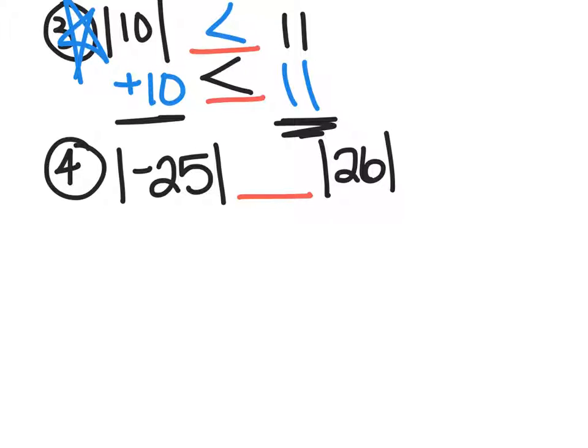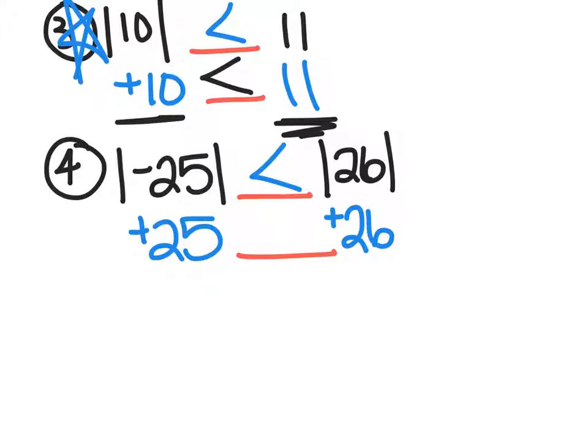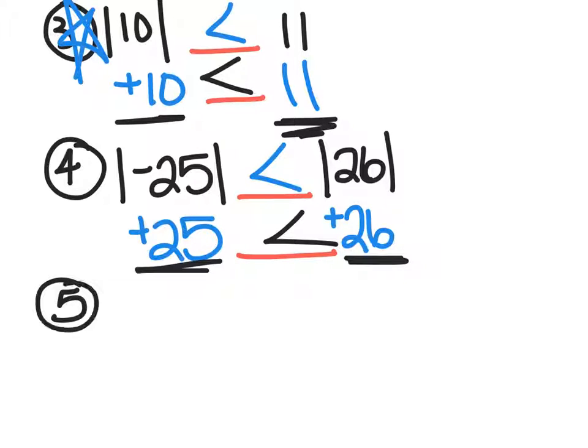Okay, so hopefully you said that you would rather have the 26, because the absolute value of -25 is +25, okay? And you're going to compare that to the absolute value of 26, which of course is just going to be 26, obviously positive, okay? So I would rather have $26 in my pocket than 25. Great job.